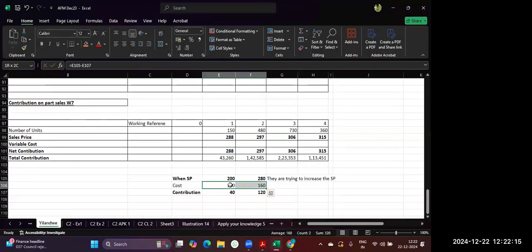Look at this. When I was selling for 200, I used to make 40 rupees profit. That means my cost is 160. When I sell it for 280, my contribution is 120. So variable cost is 160.